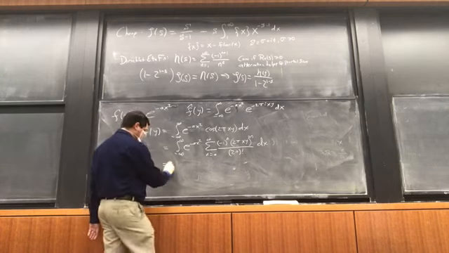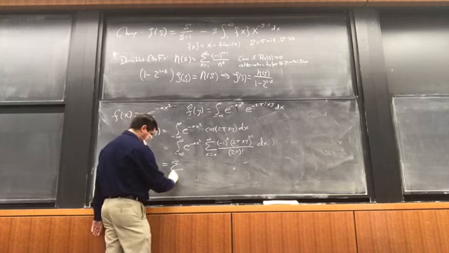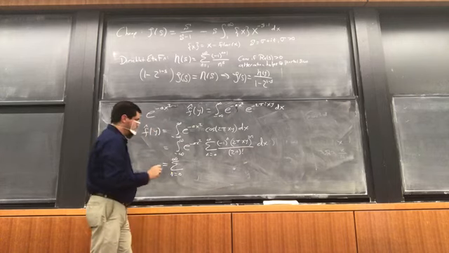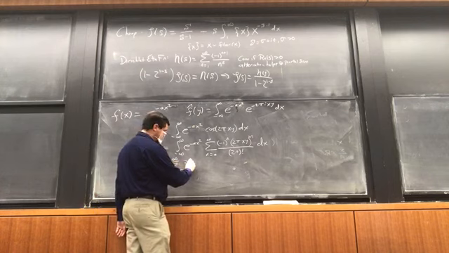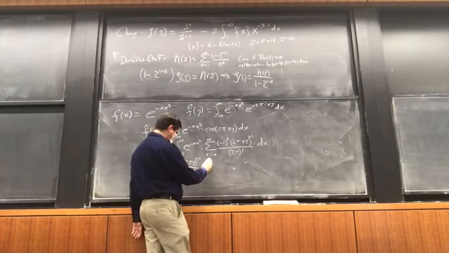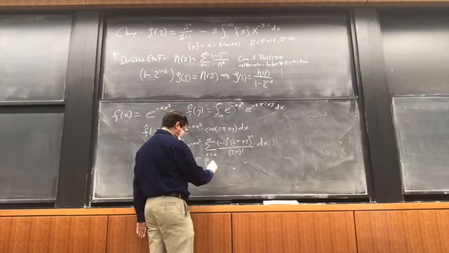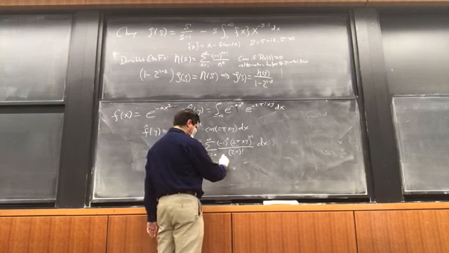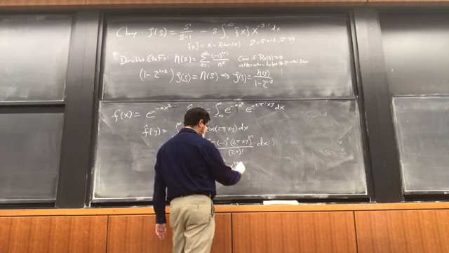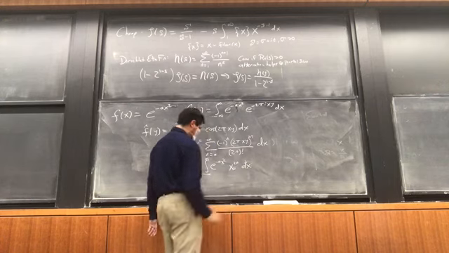And again, I'm not going to bother justifying everything. Everything works because we have so much decay. We will get 2 pi y to the 2n over 2n factorial, and then the integral from minus infinity to infinity of e to the minus a x squared times x to the 2n dx.